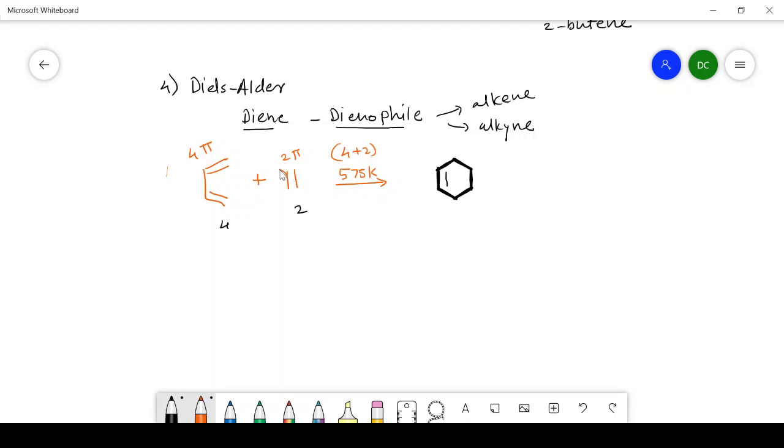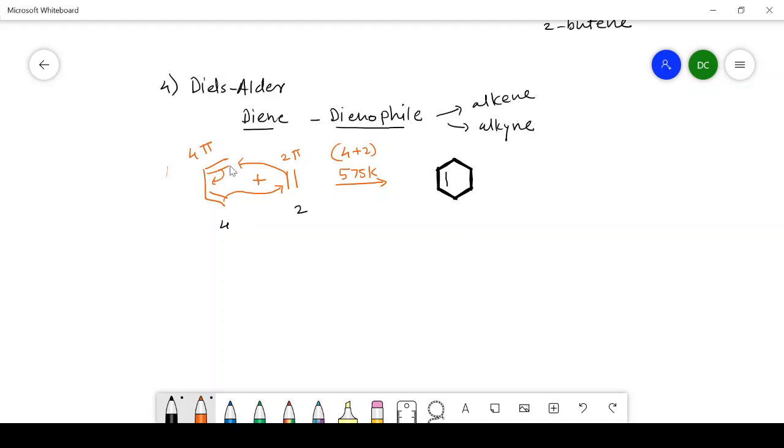This simple reaction occurs in a concerted mechanism. This bond attacks on this carbon, this bond gets shifted here, and this bond is going to attack on this carbon. In this way, a cyclic structure will be formed.